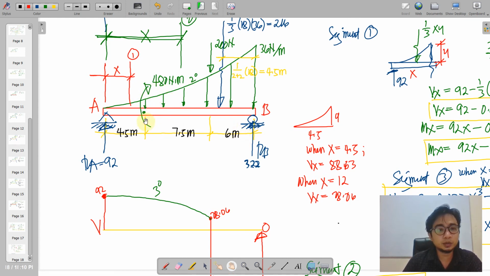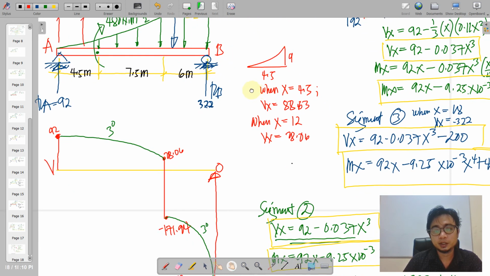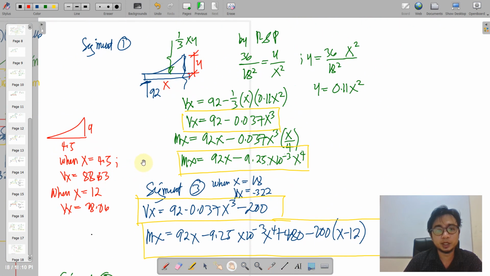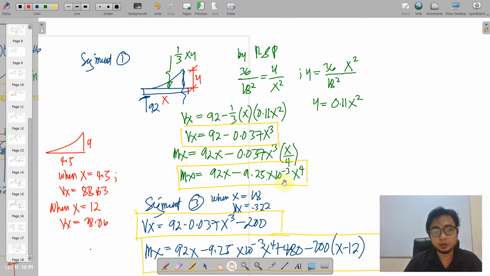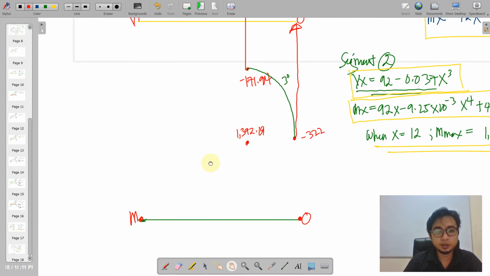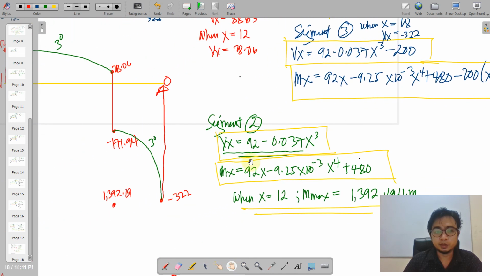So we're going to derive our coordinate first from A up to the end of 4.5. That is using the equation from segment 1. So from segment 1, I think this is the equation. We will just say that when x is 4.5, the value of mx is equal to 410.206. Okay, so we're going to place it here.